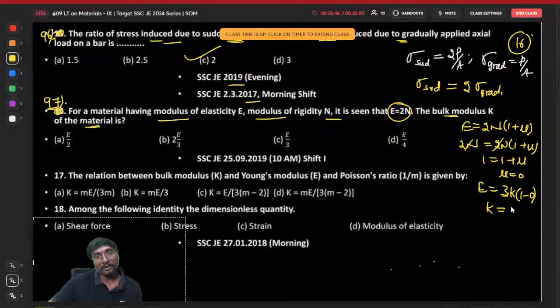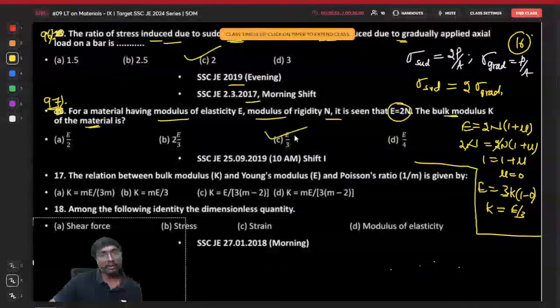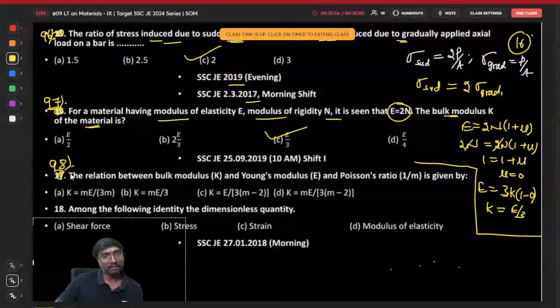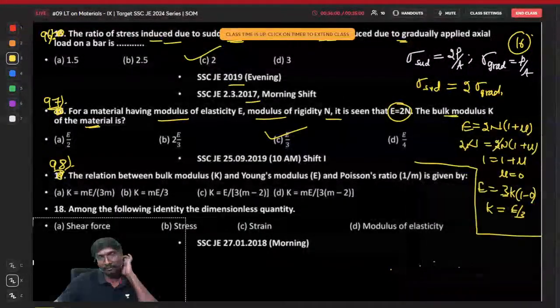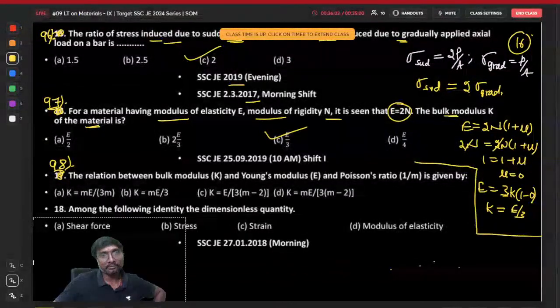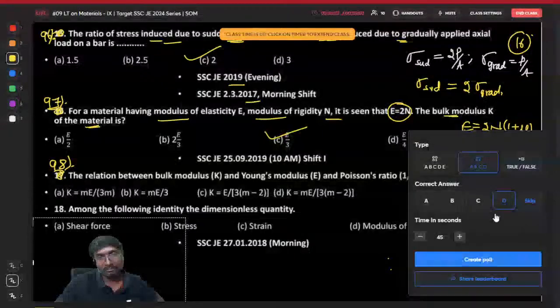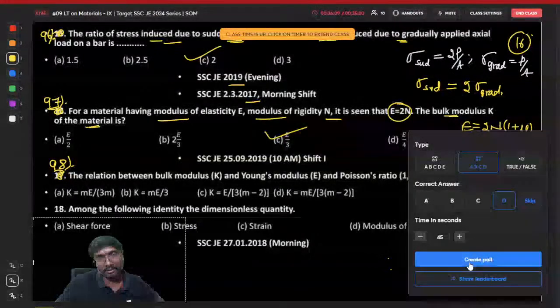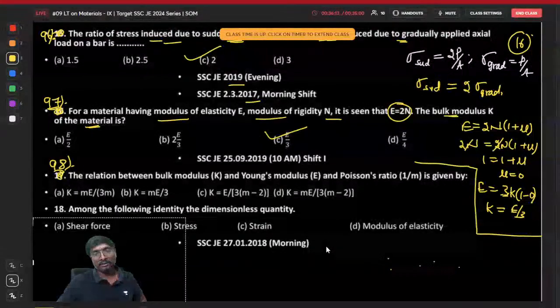K equal to how much? Isn't it E by 3? Is it not E by 3, everyone? Yes, that is E by 3. Select the answer. I am giving 45 seconds for this 98th question.